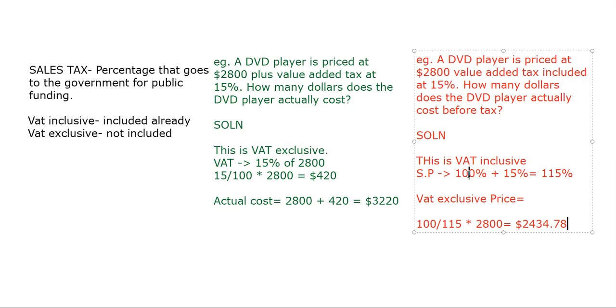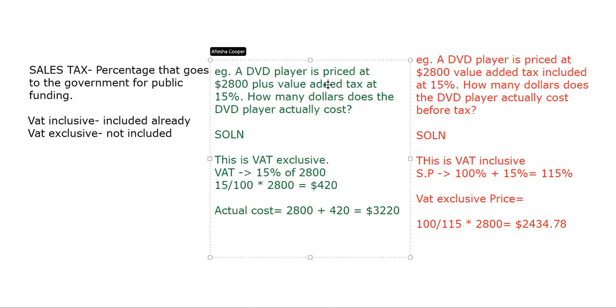So that's why we end up with 100 plus the 15, which is 115%. So therefore, if we want the price without VAT, it will just be 100 over the 115 multiplied by the 2,800, which is 2,434.78.